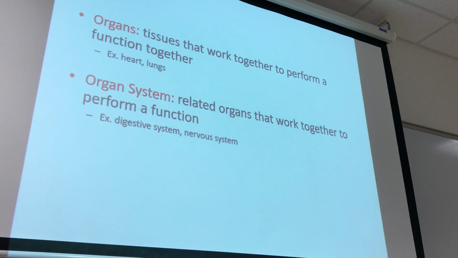The digestive system also ingests food, transports food, absorbs food, and defecates waste. The stomach only does one component of that, but when you add the esophagus, the mouth, the large intestine, the small intestine, and the rectum, all of those organs working together create all of those functions. And when one of those organs doesn't do its job, the overall organ system suffers.